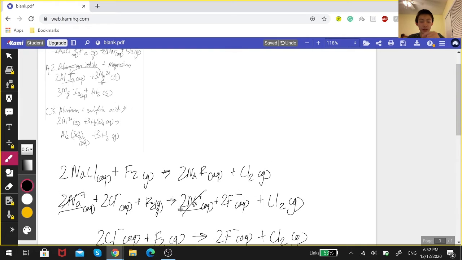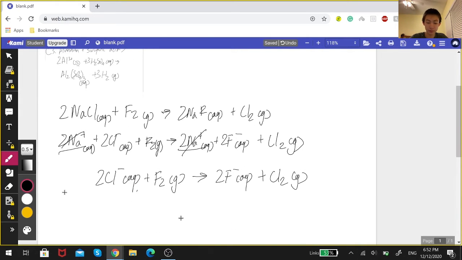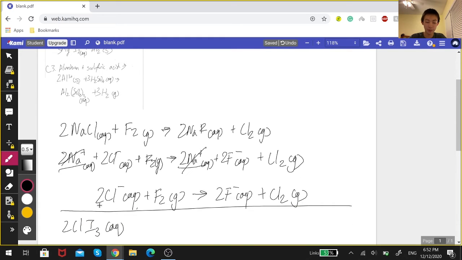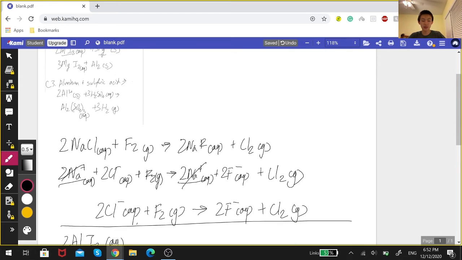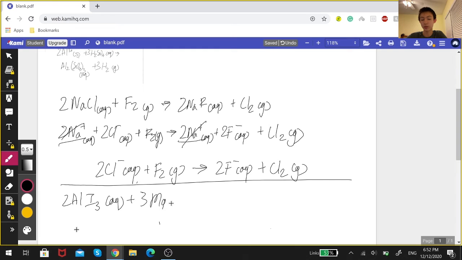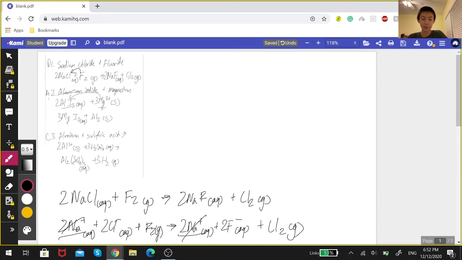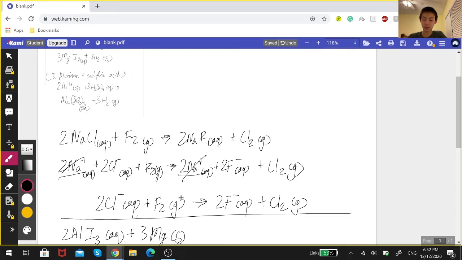For our second example, we have 2Al aqueous plus 3MgI2 aqueous yields 3Mg aqueous plus Al2 solid, written with the iodine in the compound.